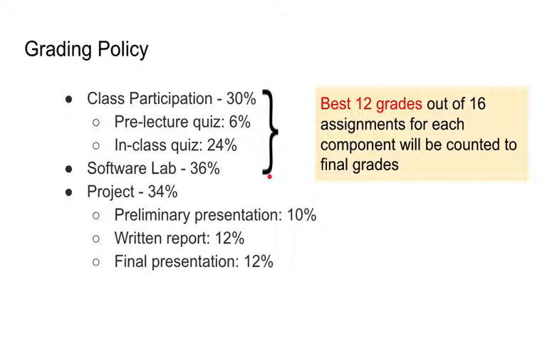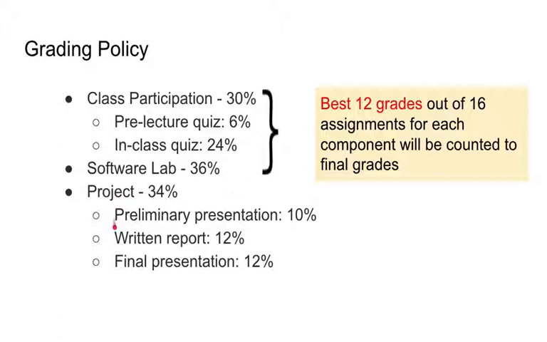The best 12 grades out of the 16 assignments will be counted toward the final grade. Therefore, if you are absent or miss some of the assignments, you don't have to worry about makeups. You have a full chance to miss assignments without affecting your final grade.